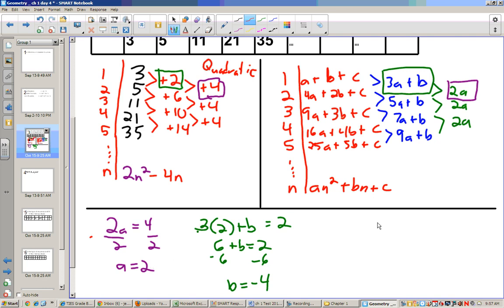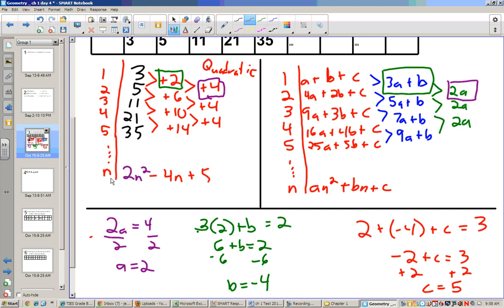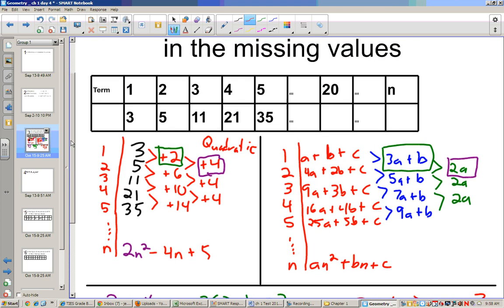Well, I already know my a is 2, my b is negative 4, so 2 plus negative 4 plus c is going to equal 3. 2 plus negative 4 is negative 2. Add 2 to both sides, and my c is now 5. So 2n squared minus 4n plus 5 is my equation for this function.